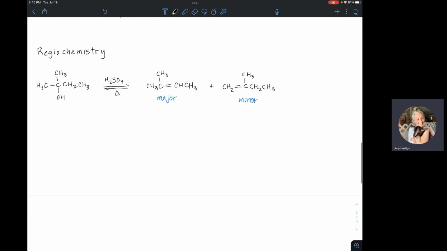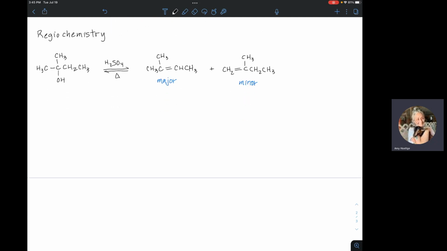We could do an E2. So we could do a dehydration reaction on a primary alcohol, right? So let's take just some ethanol.